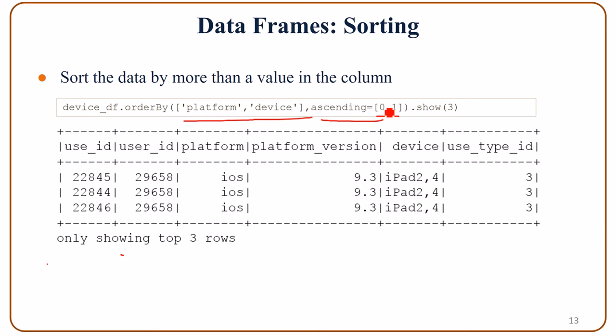So here it means that platform is ordered by descending order, because the value for platform is 0, and device is ordered by ascending order, because the value for ascending here is 1.